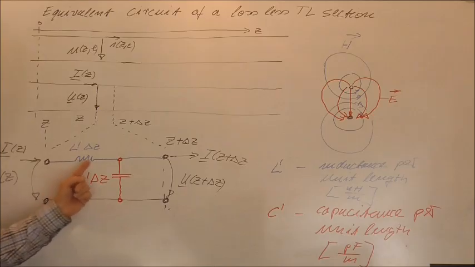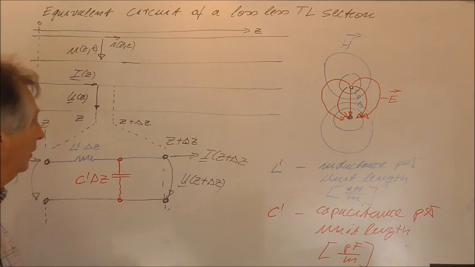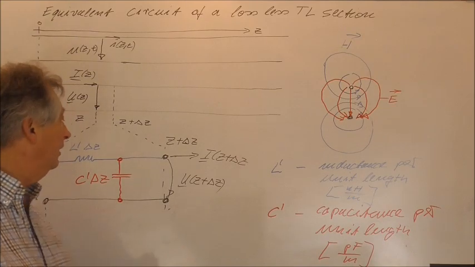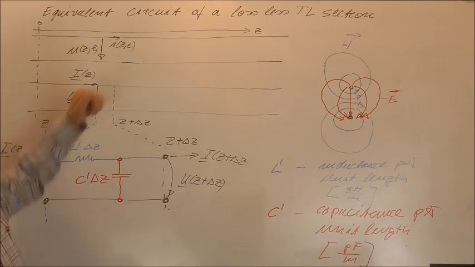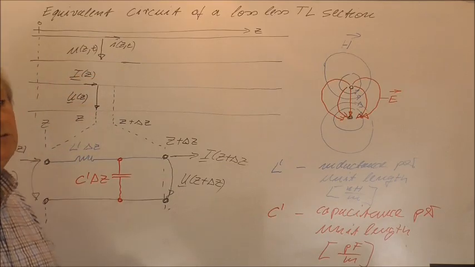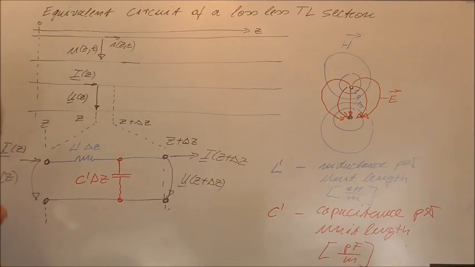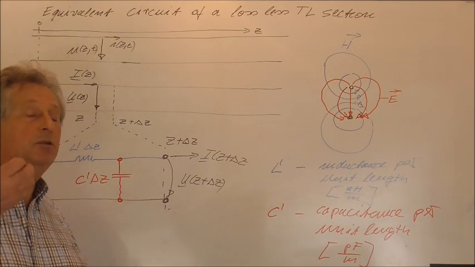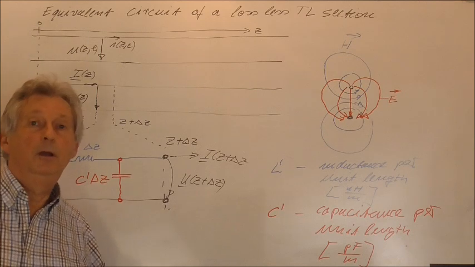So the two elements we introduced here only represent elements which store field energy. They don't dissipate field energy, but as you remember, if a current is flowing along the line, of course the line itself will heat up by the current, so we must include additional elements which will describe the losses in this transmission line. This we will do in the next step.